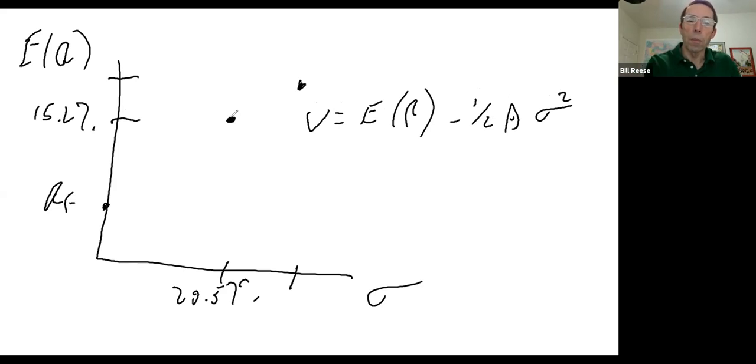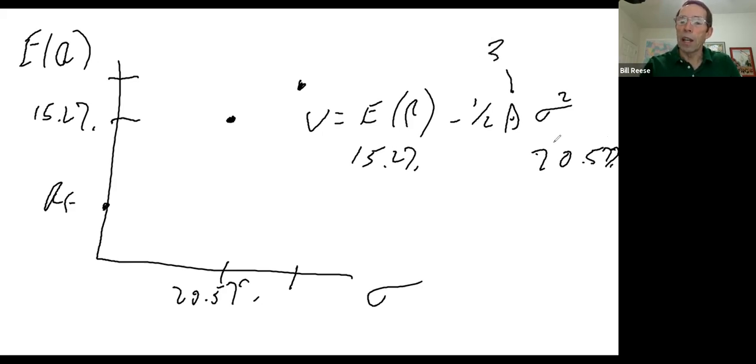Now, this portfolio has an expected return of 15.2% and a standard deviation of 20.57%. This person had an A of 3. So we take 20.57% squared, multiply that by 3, multiply that by 1/2, take that quantity and subtract it from 15.2%. And that will give us the level of utility our investor gets from this portfolio.